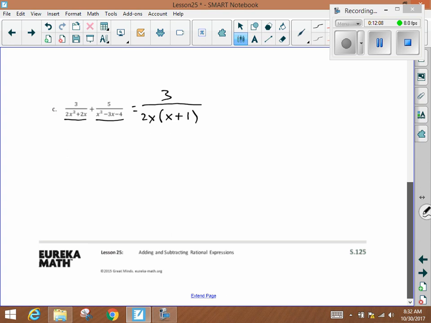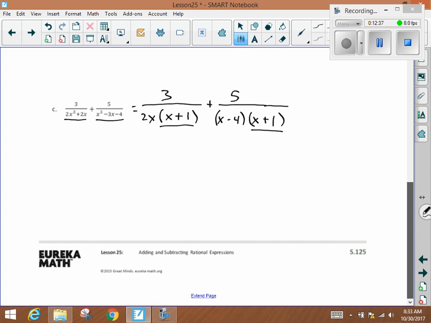Right, so I can factor 2x squared plus 2x and call that 2x times x plus 1. And then I can also factor that trinomial down there on the bottom. That is going to be, what's that, negative 4 and positive 1, right? Nice. I love that these two are the same because it makes my common denominator a little more simple.